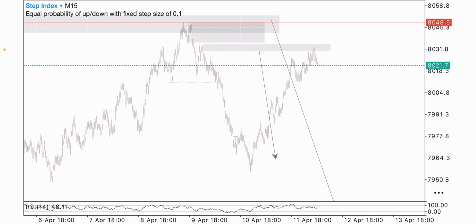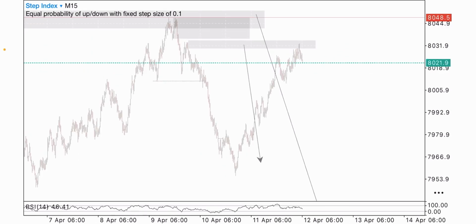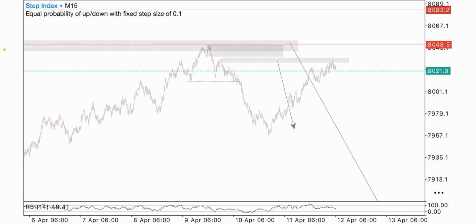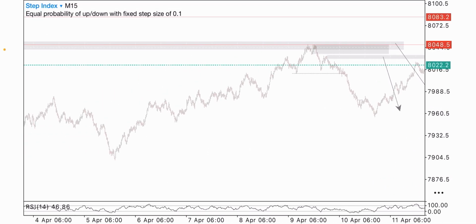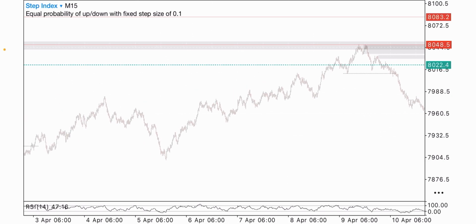This is another setup we're looking at, and hopefully the market will begin to reverse downward. So a lot of wisdom and a lot of knowledge about the market.